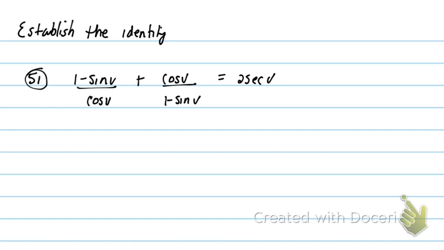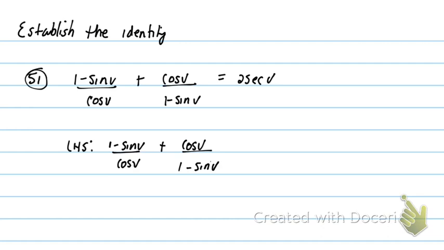All right, so again, we want to pick the side that we have more to work with. We keep picking the left, but the left side definitely has more. So I'm going to start on the left. Because I'm trying to get to the right, and the right is only 1 term, I'm thinking, well, let's get a common denominator and at least go from 2 terms down to 1.